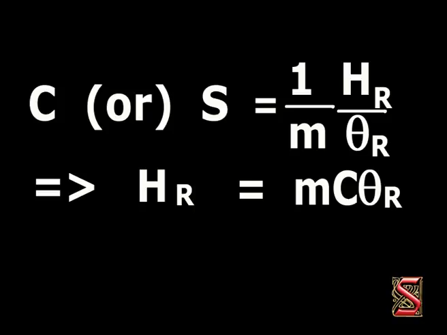It is the amount of heat energy required to raise the temperature of 1 gram of a substance through 1 degree Celsius. Specific heat of a substance of mass m is C or S equals 1 by m into H_R by theta_R. That implies H_R equals m c theta_R.